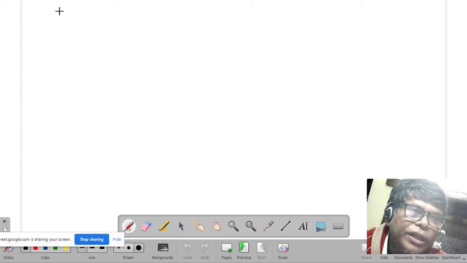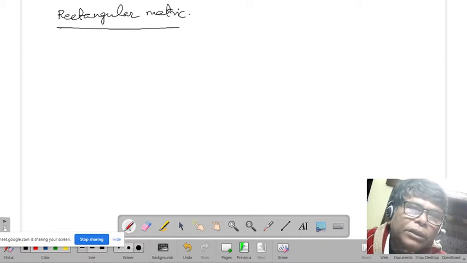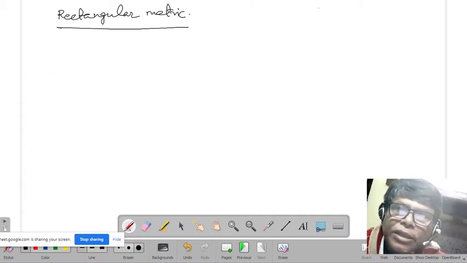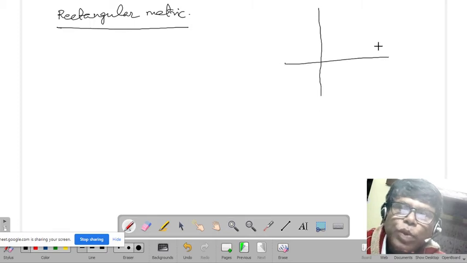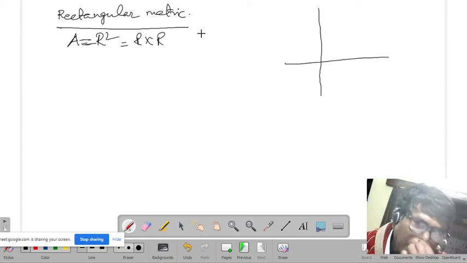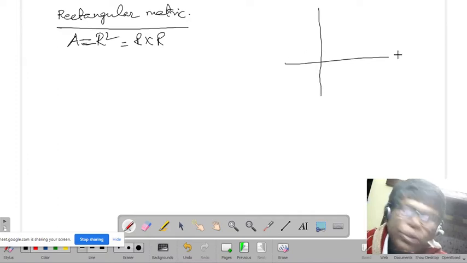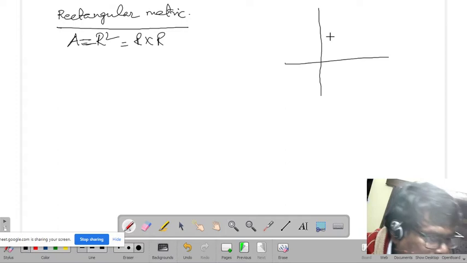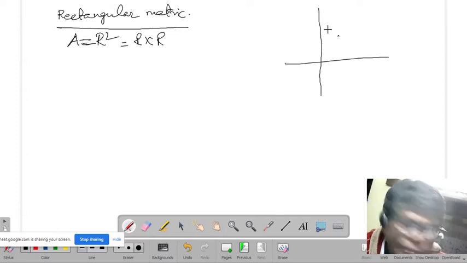Here the metric space is two-dimensional, R2, that means R cross R. One axis is in this way, another is in this way, x1 x2 is this point, and y1 y2 is this point.